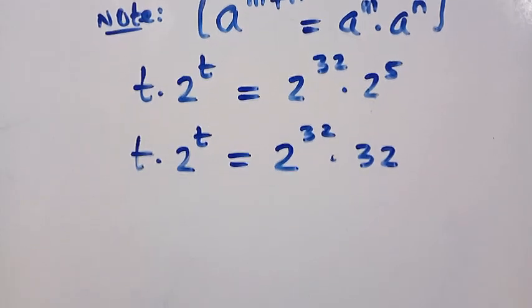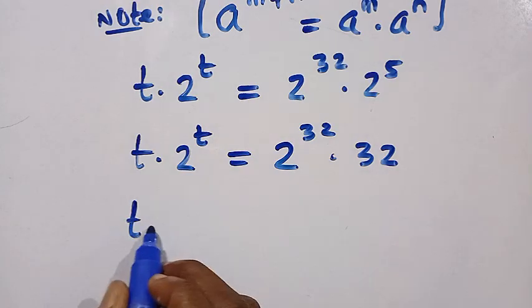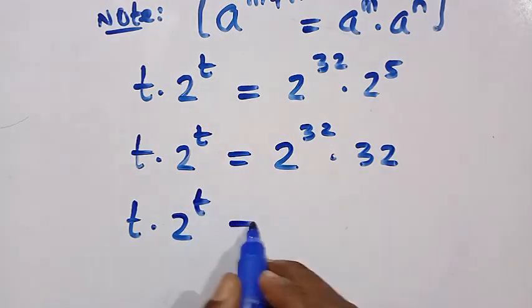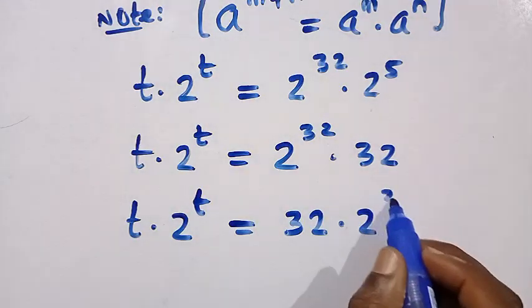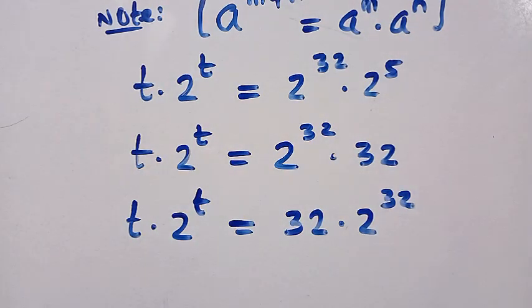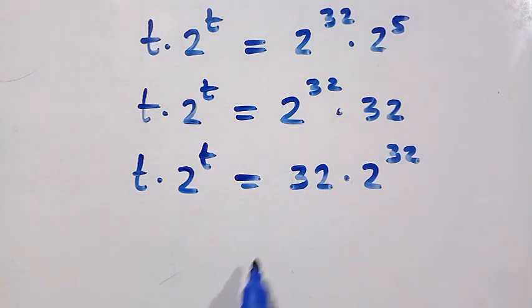By comparing this based on coefficients, t multiplied by 2^t is the same thing as 32 multiplied by 2^32. Comparing this, we have t and 32.